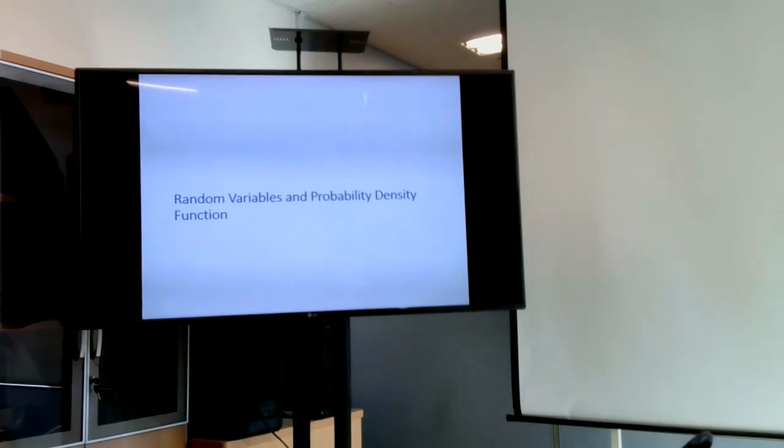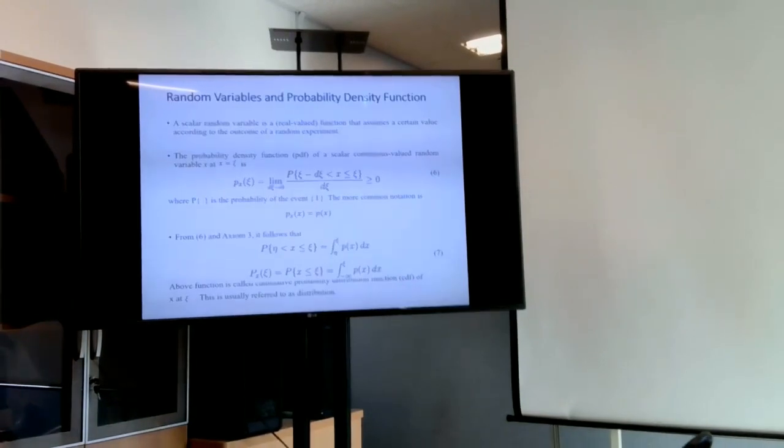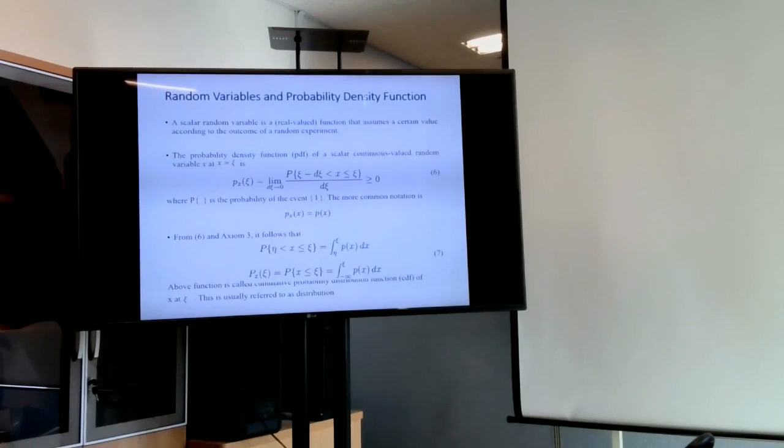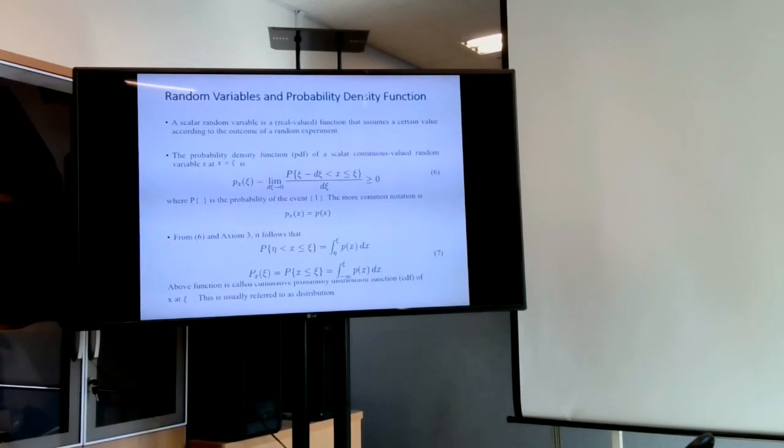Then random variable and the probability density function. A random variable may be any scalar variable, a real valued function that assumes a certain value according to the outcome of the random experiment.